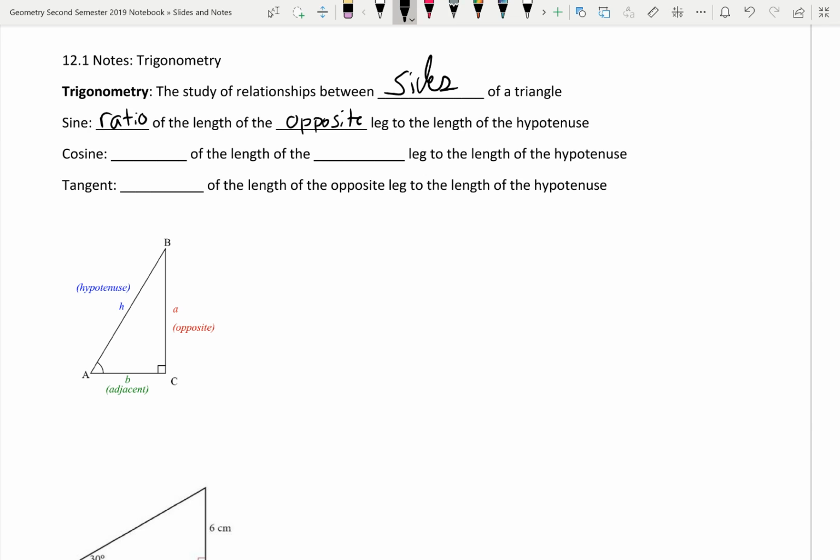Cosine is the ratio of the length of the adjacent leg to the length of the hypotenuse, and tangent is the ratio of the length of the opposite leg to the length of the adjacent leg.